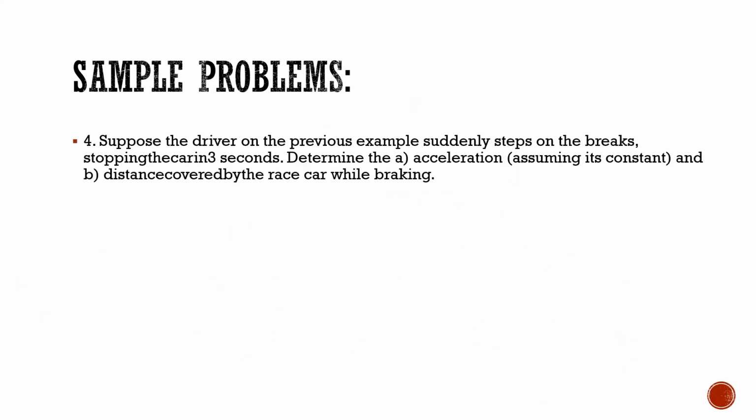Number 4 problem. Let's try to answer this. Suppose the driver in the previous example suddenly steps on the brake, stopping the car in 3 seconds. Determine, letter A, the acceleration, assuming it is constant, and the distance covered by the race car while braking. For this item, there is a given time: what if the driver stepped on the brake in 3 seconds?